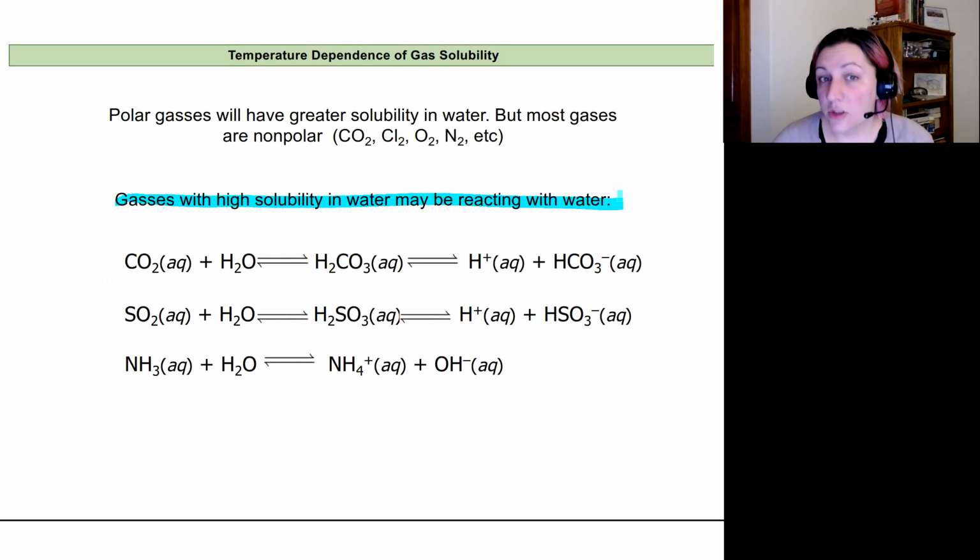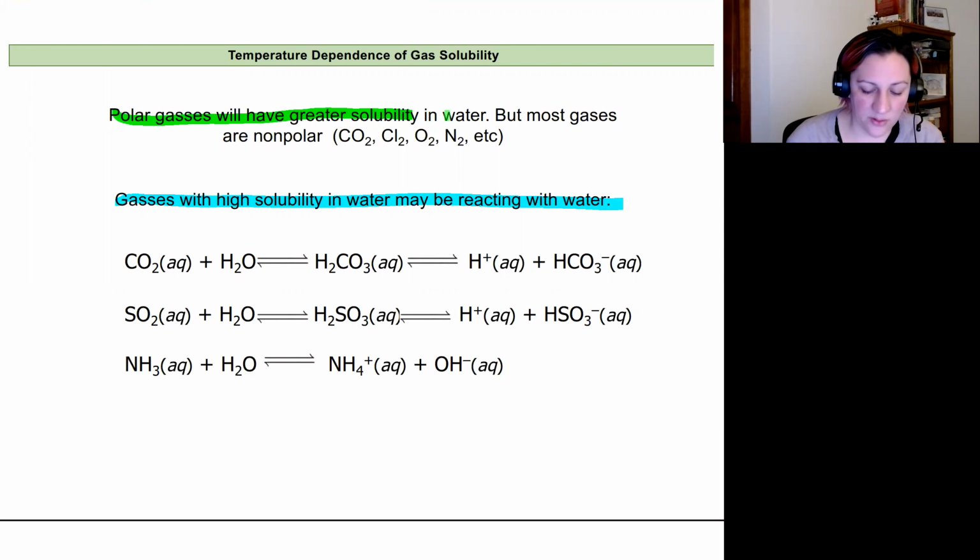We also do see, though, that polar gases will have a greater solubility in water than our nonpolar gases, but most of our gases happen to be nonpolar. So if you see higher numbers for solubility, it may be that you have a polar gas, or it may be that there's a chemical reaction taking place.